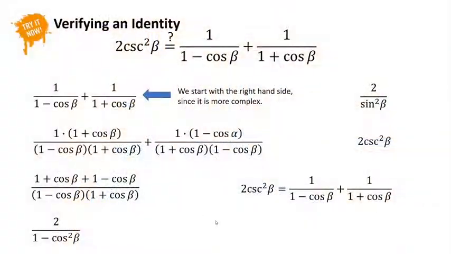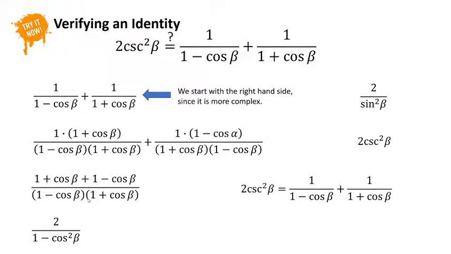Welcome back. This is a problem that's very similar to the one that we did together here. If we take a look at this, we are combining these two fractions together. To do that, we get those denominators to be the same by multiplying the first fraction by 1 plus cosine beta and the second fraction by 1 minus cosine beta.